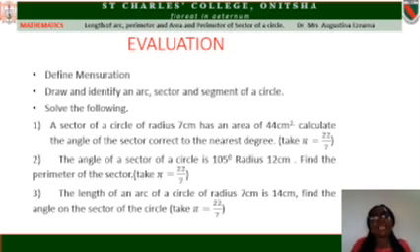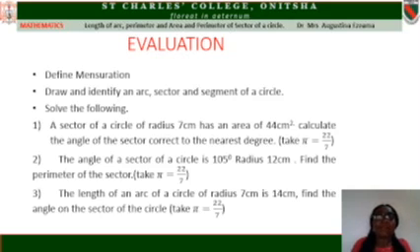Now we are asked here, define mensuration. Then here you will draw and identify an arc, sector, and segment of a circle.